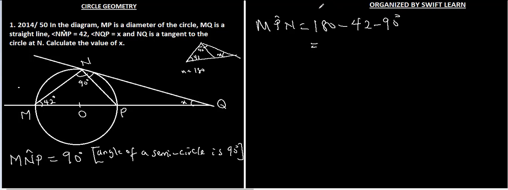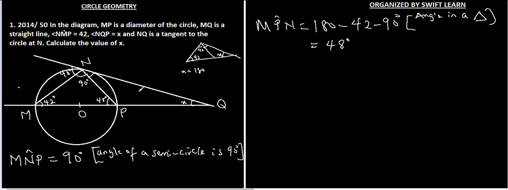What would be your answer? 180 minus 42 minus 90, that's 48 degrees. That shows that this part is 48 degrees. You have to write the reason: angle in a triangle is 180 degrees.